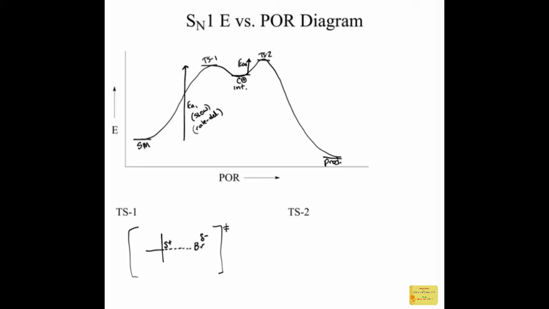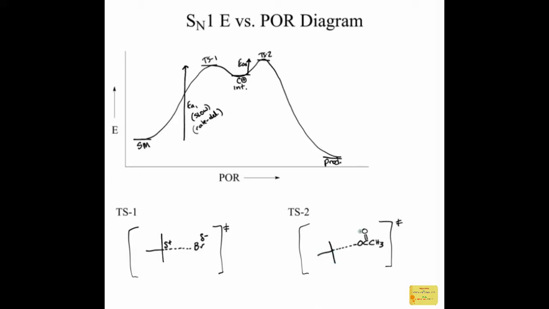What does our second transition state look like? Well, our second step is our carbocation combining with the nucleophile. So in that step, we are going to be forming a new bond. And our nucleophile in this case was this guy. And so he's now going to be forming a bond to the t-butyl group.